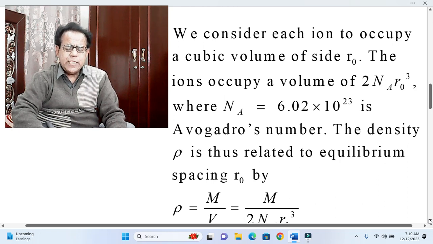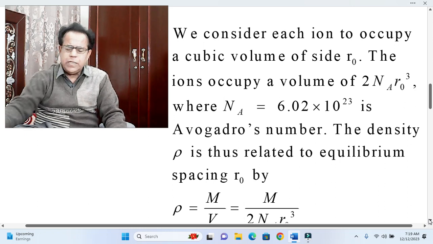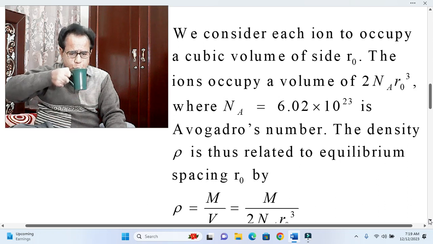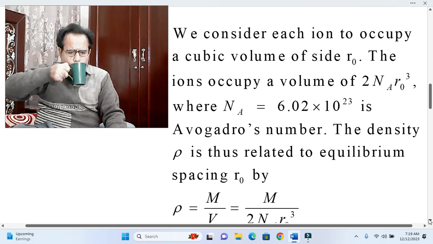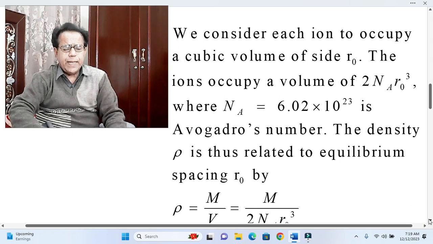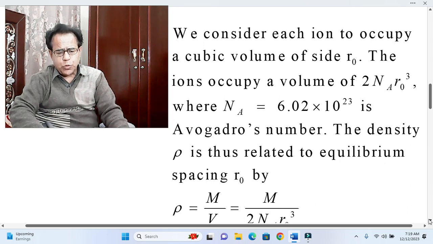Here 6.02 is only written, but it is 6.022; even if we do not write the 2, it does not make very much difference. N_A is Avogadro's number.